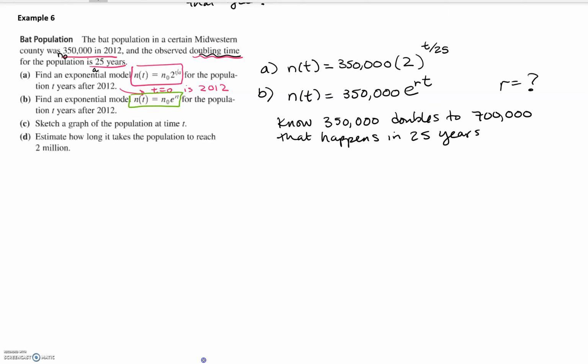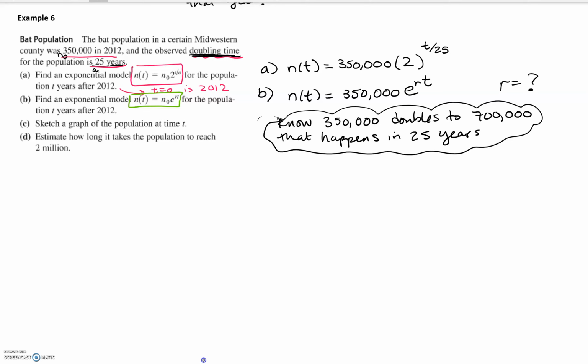So this is what we're thinking in our head. That's a fact we know, that if I have 350,000 to start with, when it doubles to 700,000, it's going to take 25 years for this problem because they said the doubling time was 25 years. So why don't I use that to my advantage and try to go find r? There's different ways to find it, but that might be the most logical way to think through it.